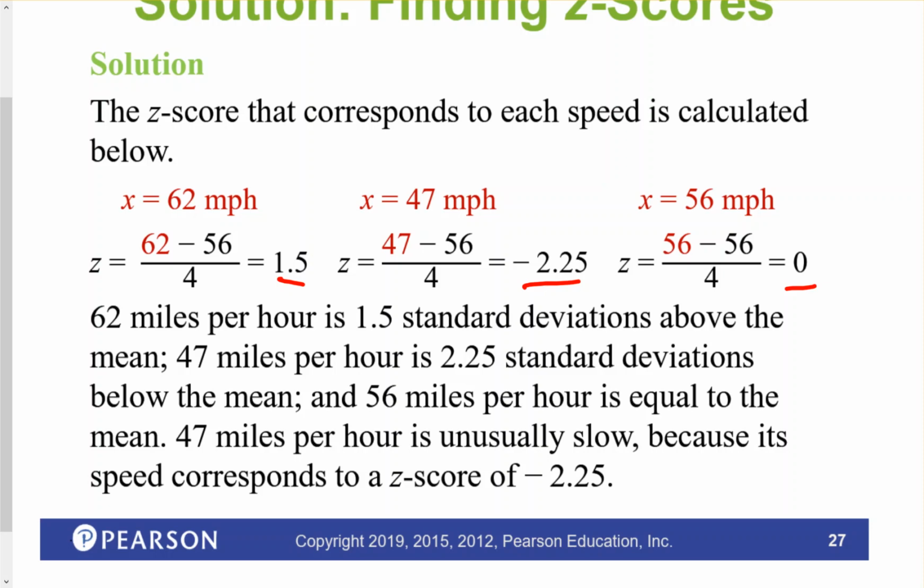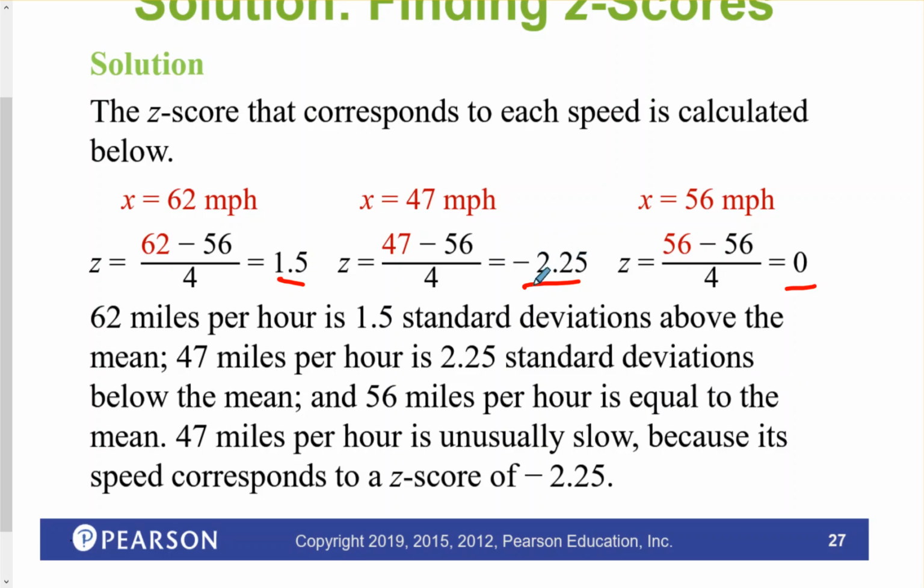Additionally, we say that 47 miles per hour is unusually slow because its speed corresponds to a z-score of negative 2.25. In general, remember from our empirical rule, within 2 standard deviations is about 95% of the data.